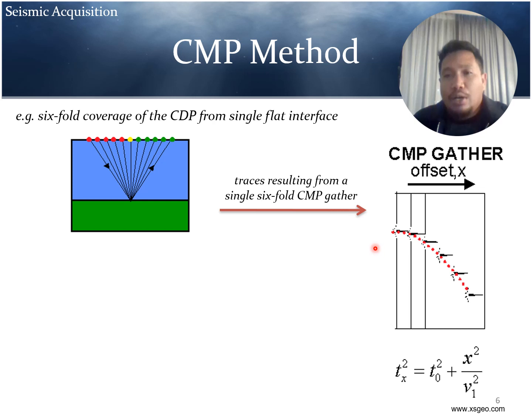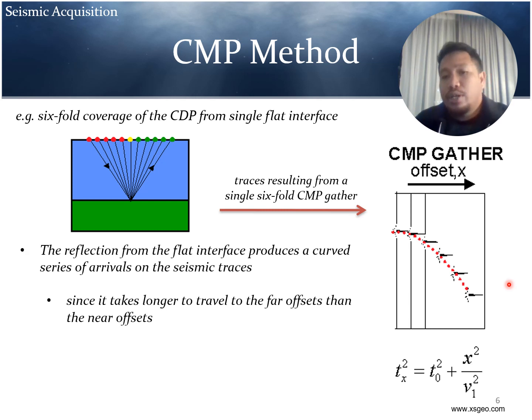So after we got the 6 individual traces, that later we're going to combine or stack, that has been explained earlier, so that we want to make a single trace, since it only requires one trace to represent the vertical information of the subsurface.